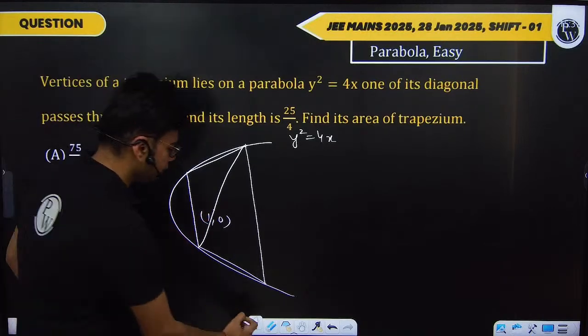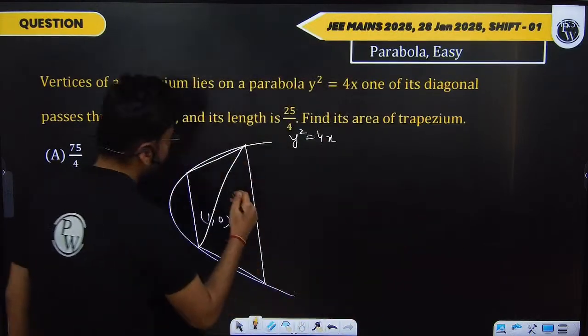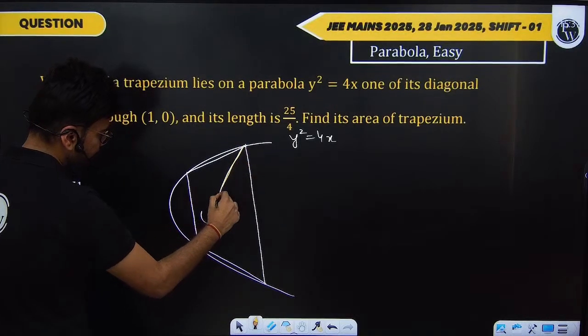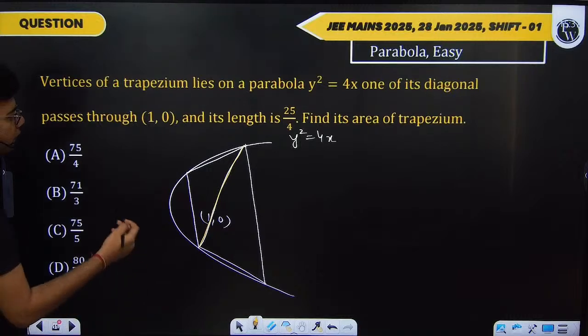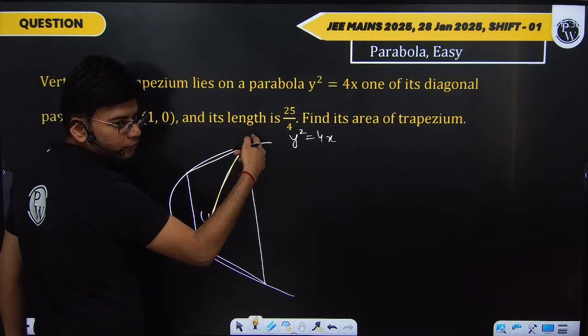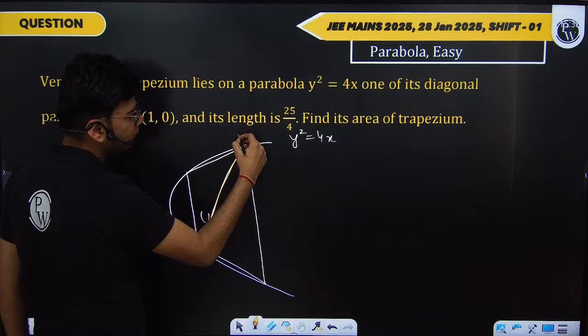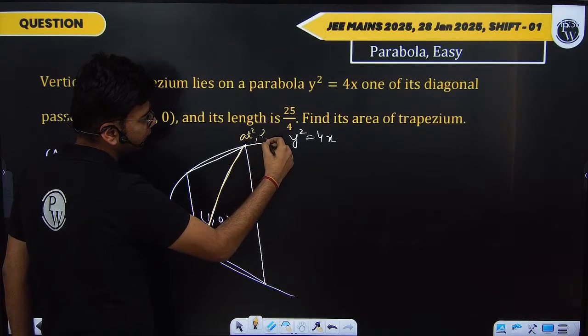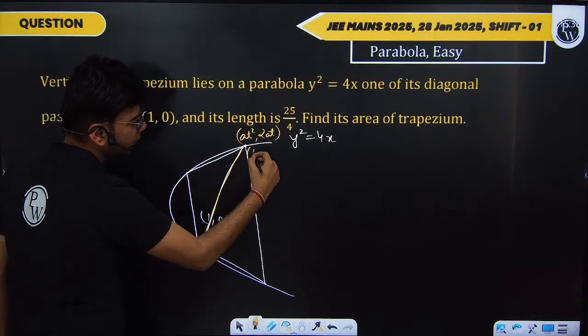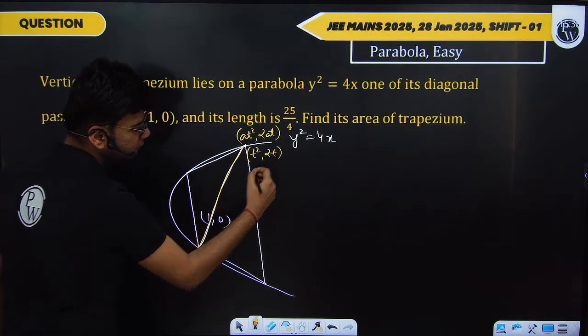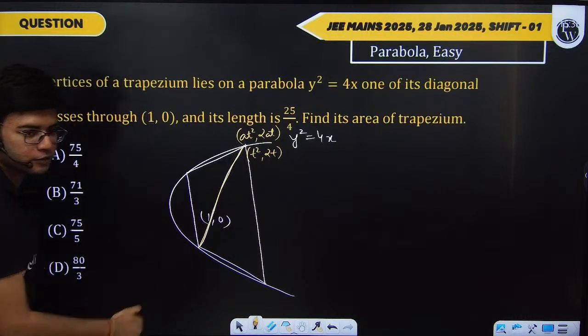So now you have one piece of information: this is the focal chord of the parabola. If I assume the coordinates of this point as (t², 2t), since a is 1, what will be the coordinates of this point?